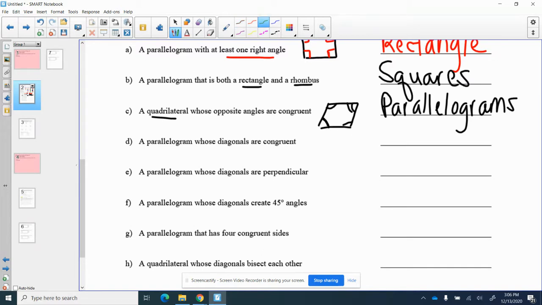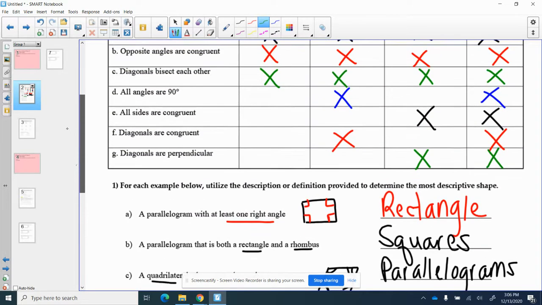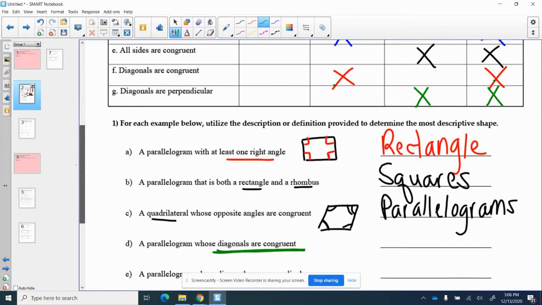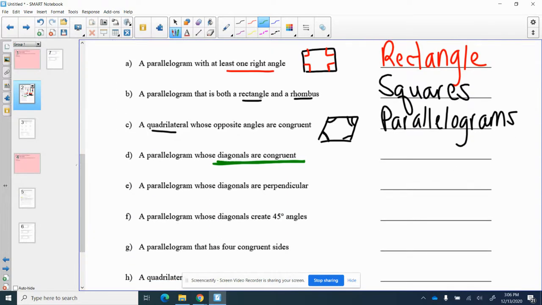Now, the next one says we have a parallelogram with diagonals congruent. When we talk about diagonals being congruent, if we go back up to the chart, diagonals are congruent in a rectangle and a square. Well, they don't tell us enough information to say it's specifically a square, so as descriptive as this is going to get is a rectangle.